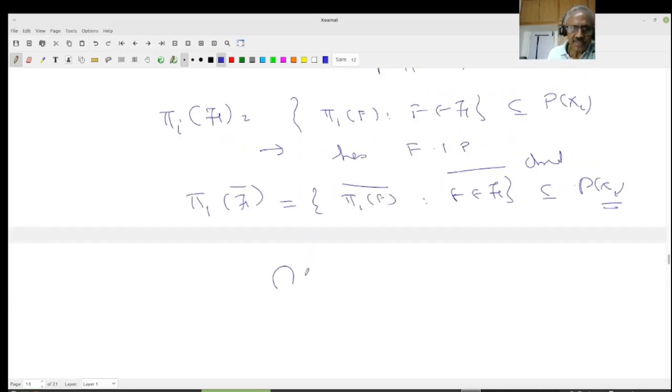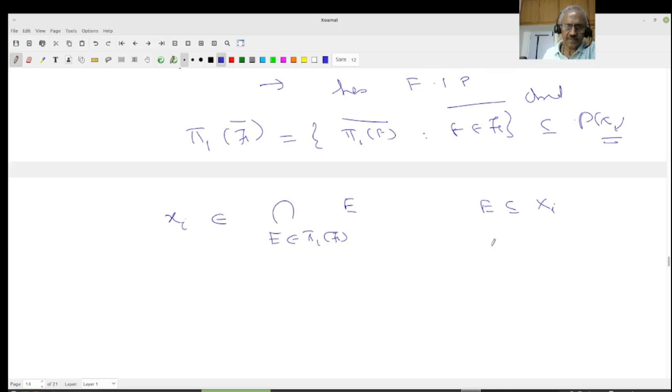Therefore this intersection over F of pi i of F closure is non-empty. So therefore there is an element. Remember all these elements are in Xi, and they are all closed sets.